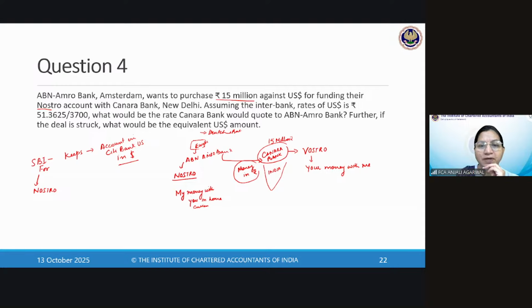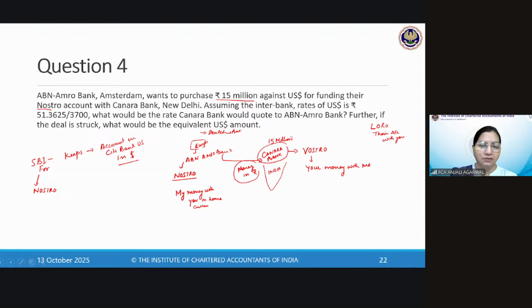So Deutsche Bank requests the ABN AMRO to make the payment on their behalf. So their account with you. So Deutsche Bank is saying to the Canara Bank, please make the payment from the ABN AMRO's account, which they have with you. And they will settle amongst themselves. So one is Loro. Loro means their account with you. Third party comes into picture.